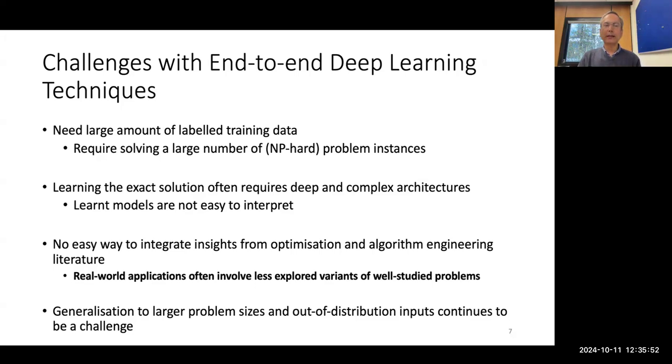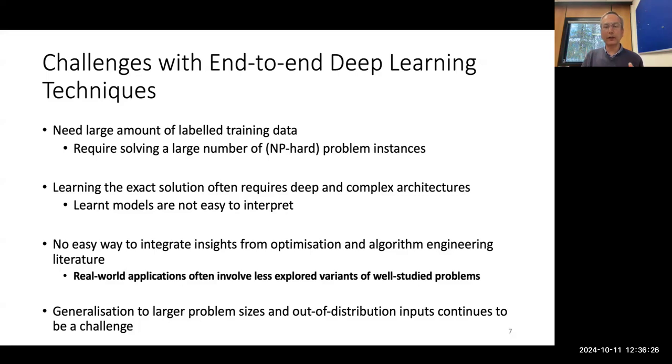Another big issue is that these end-to-end learning techniques learn everything from scratch, and there is no easy way to integrate the insights from the optimization and algorithm engineering literature into these models. Here I should emphasize that real-world applications often involve less explored variants of well-studied problems. For example, we have a lot of understanding of the traveling salesperson problem and many of the vehicle routing problems.